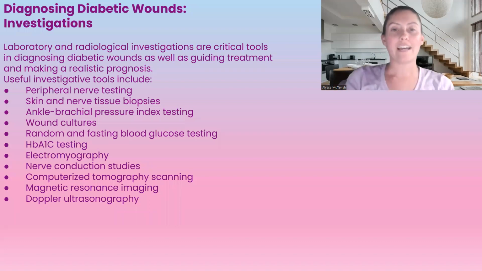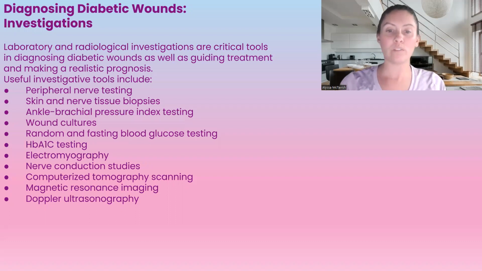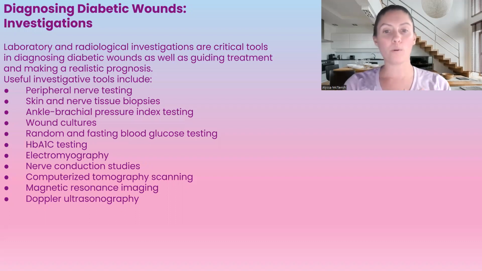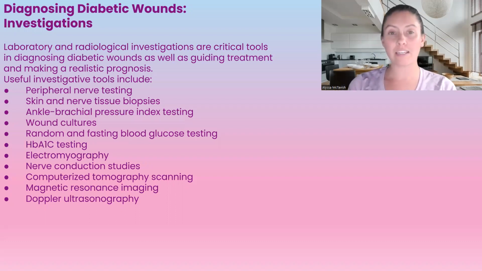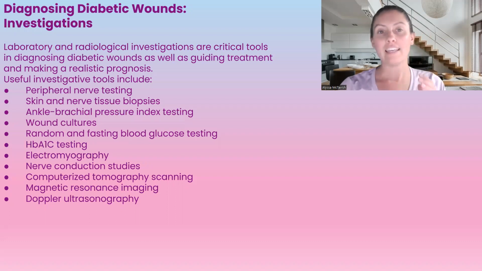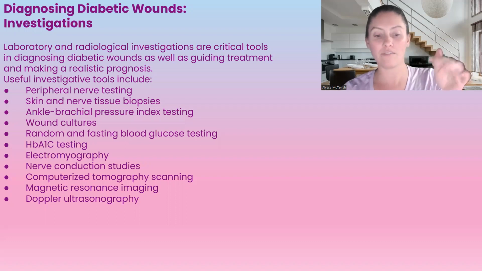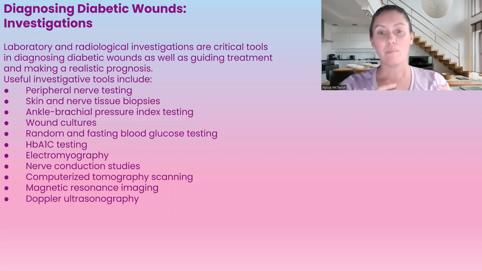So when we're investigating diabetic wounds, there are some really useful tests that we can use. So peripheral nerve tests, skin and nerve tissue biopsies, ankle brachial pressure index. So that's an ABPI. This allows us to see if there has been so much damage that sometimes when we have damage in the veins, arteries, we're not getting proper blood flow.